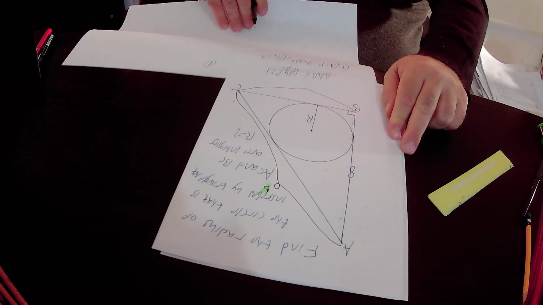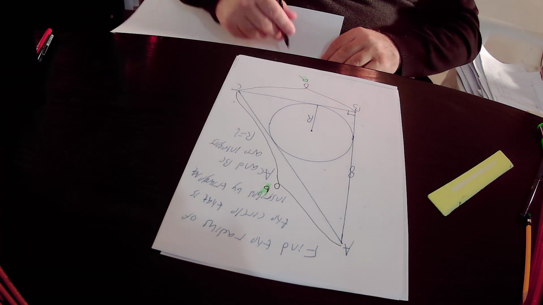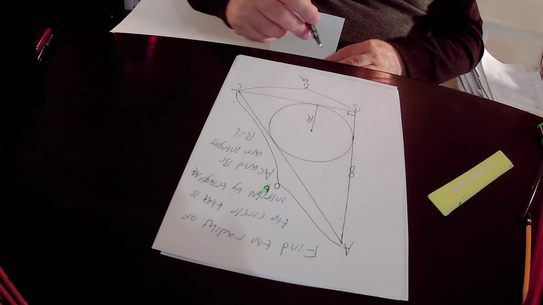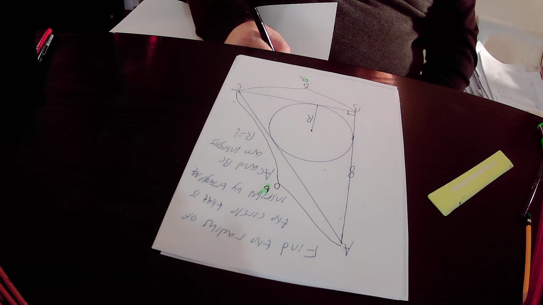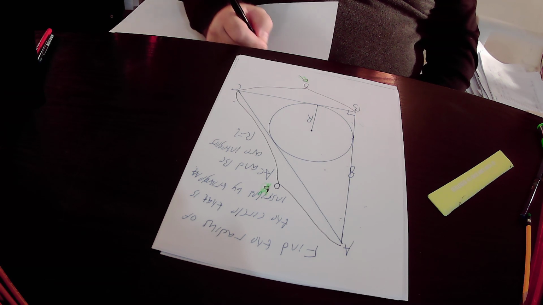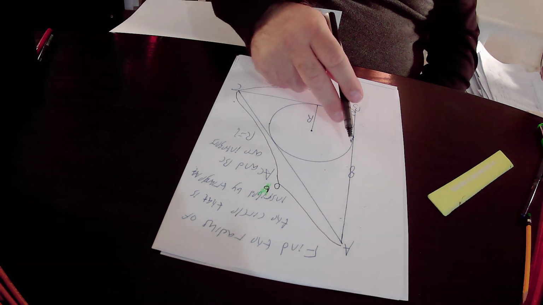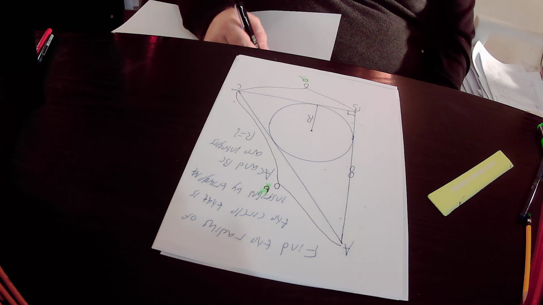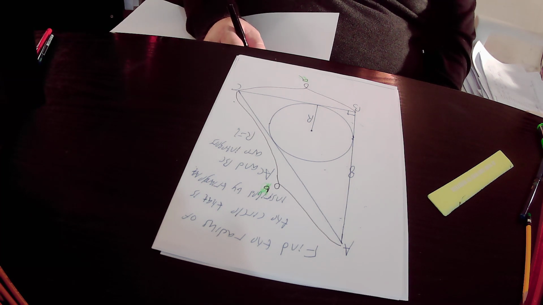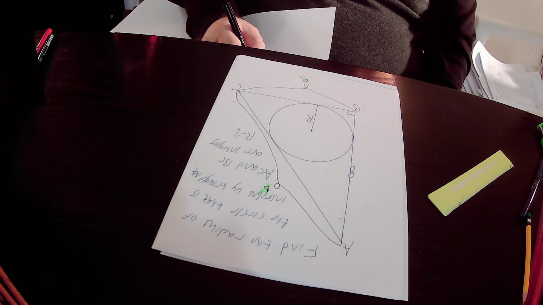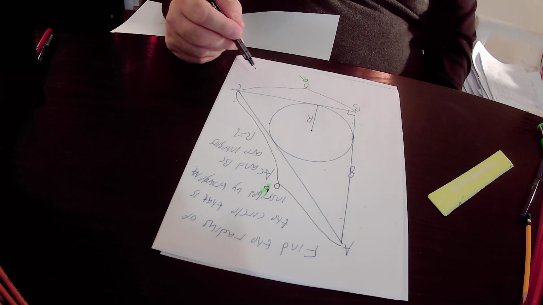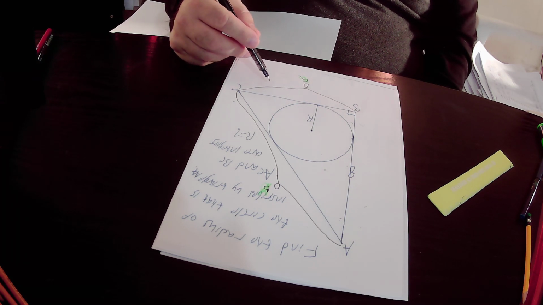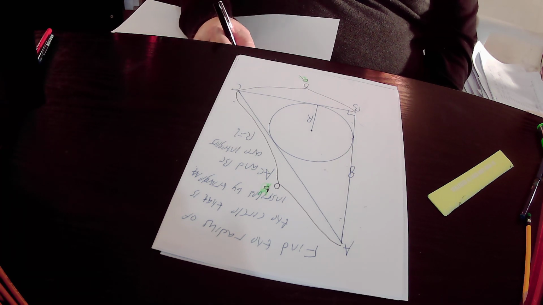AC equals b according to our definition, therefore AC squared is b squared. It is equal to AB squared. AB equals 8, so AB squared is 8 squared, that is 64, plus BC squared. BC equals a, therefore BC squared is a squared.